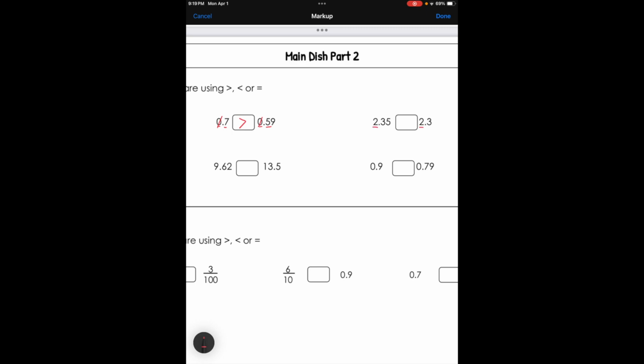Moving over, in our whole number, the ones place, the 2 is the same. The tenths place is the same. The hundredths place is a 5 versus we're going to plug in a 0 as a placeholder here. As 5, not the same, so 5 is the greater one. Go ahead and do the bottom two on your own.